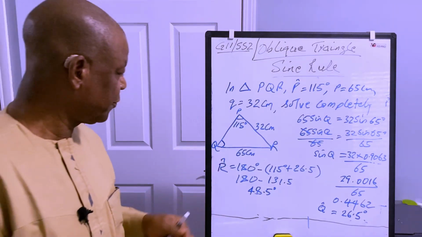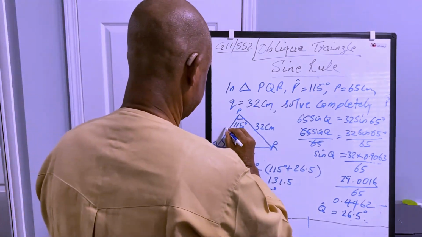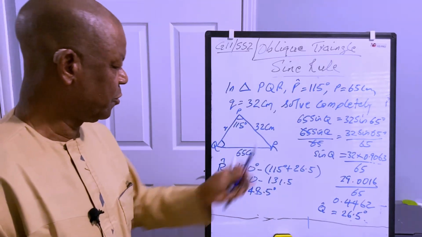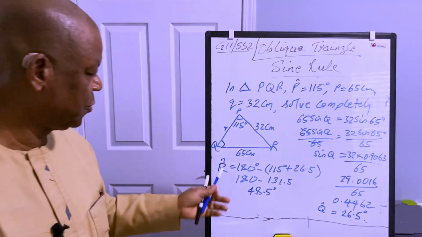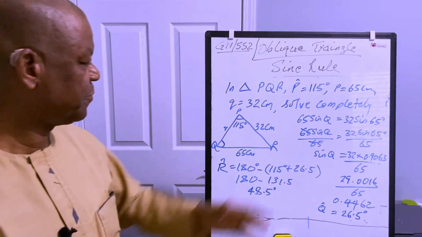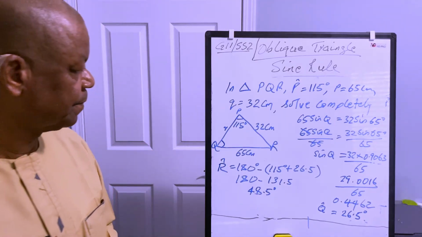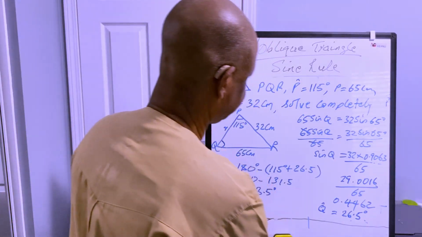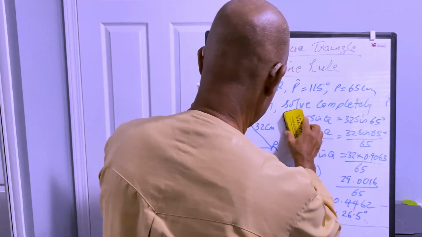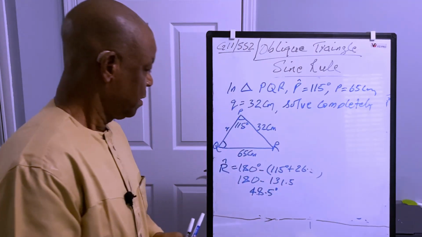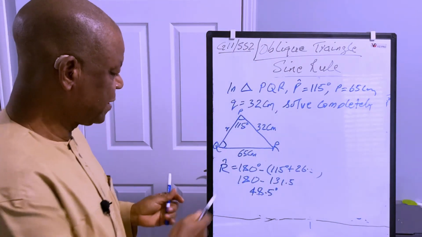We can now look for side R. We just apply the same formula we use in finding other aspects to find this very side R. I hope you are following. So we go on. We have found this very angle.